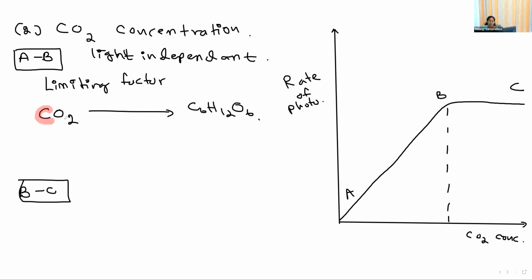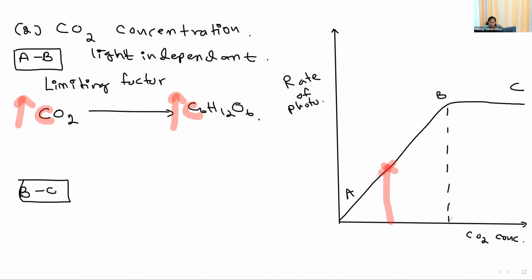The higher the number of carbon dioxide molecules, the higher the amount of glucose that's going to be produced. So if you consider anything before the saturation level, the maximum photosynthesis rate B, what's going to limit the rate of photosynthesis is the carbon dioxide concentration. This is something you have to know, right? Because carbon dioxide is not at the maximum, right?